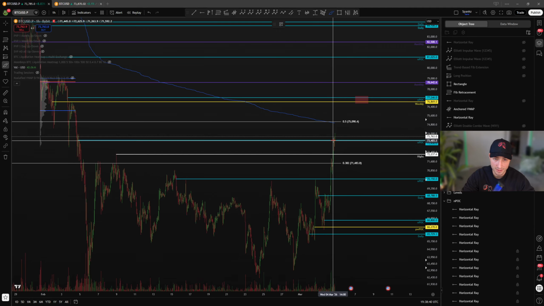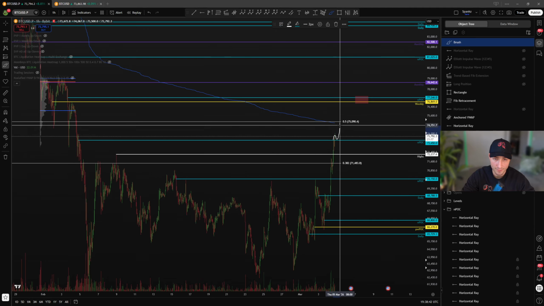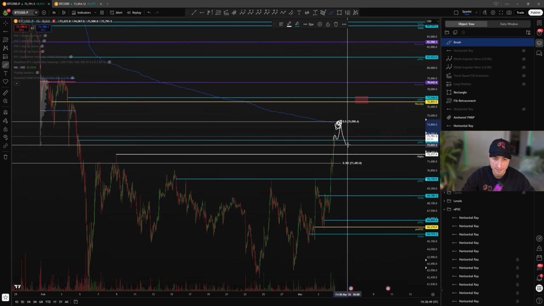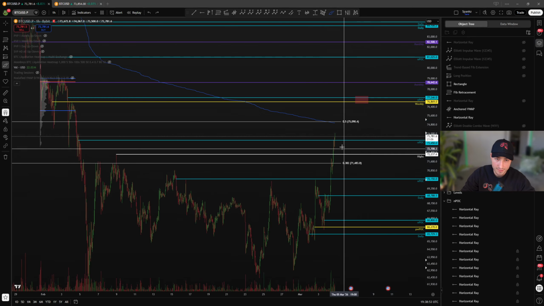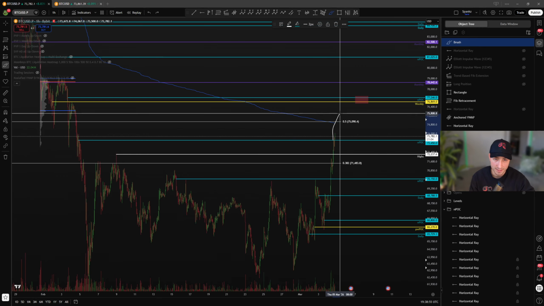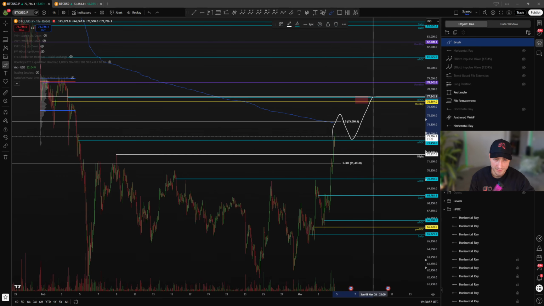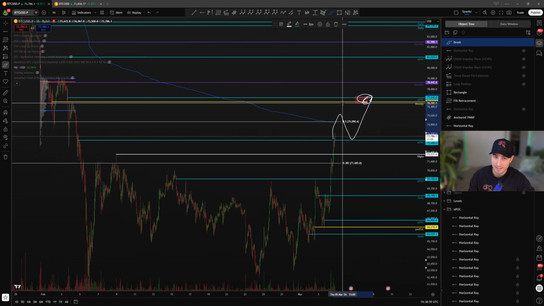So you can be really patient here as we're kind of flipping this MPOC as support. See if price comes into here, rejects. You can be aggressive and play the 0.5 and see if we get a move like this down and start losing these levels here. Otherwise, if we start to see a move up like this, support, bounce up, this would be your good secondary candidate level.